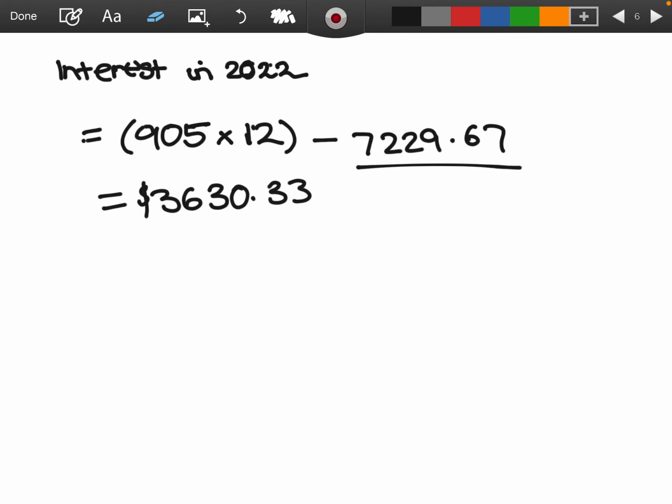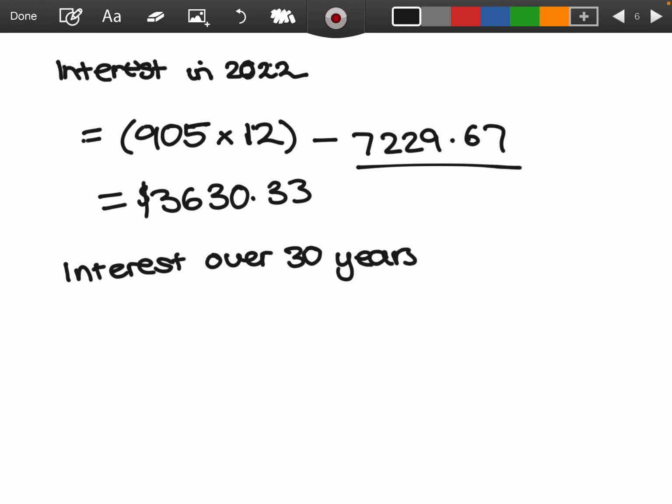The last part of this problem looks at how much interest you paid overall over the life of the loan. So over the 30 years, how much interest was paid. Okay. Well, the interest that you paid over 30 years would be how much you actually ended up paying for the loan.